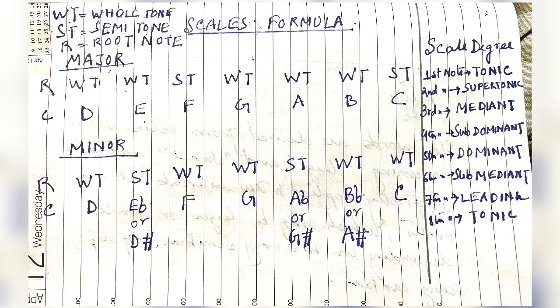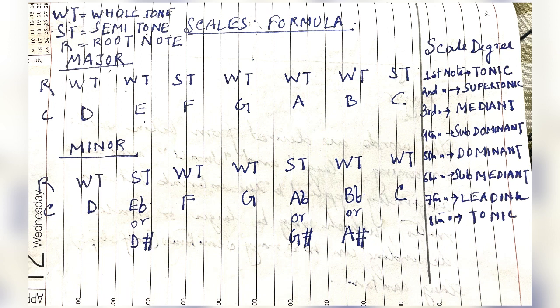Now, one thing for knowledge in the musical kingdom is the scale degree. We understand this is the first note, second note, third note, fourth, fifth, sixth, seventh, eighth. So there are 8 notes here, the 8th note being the octave note of the first, the higher octave.